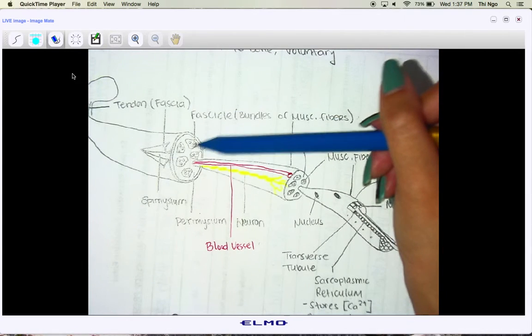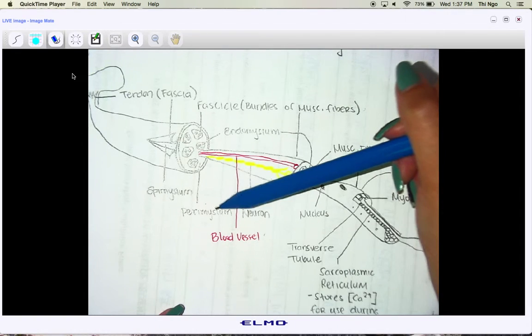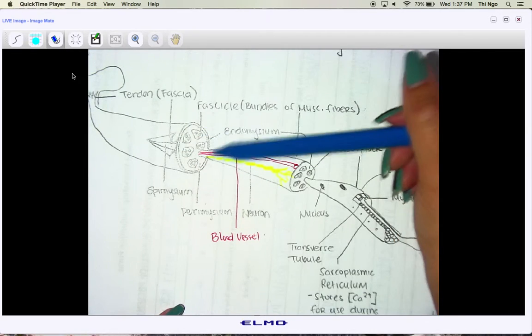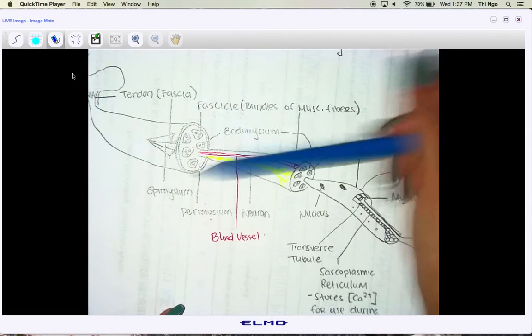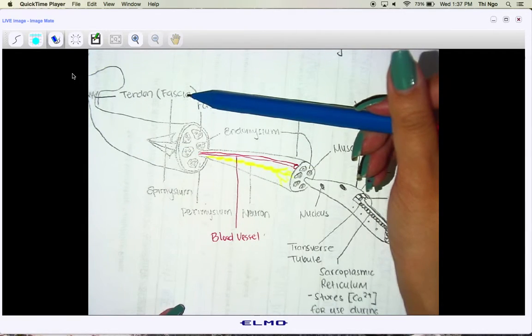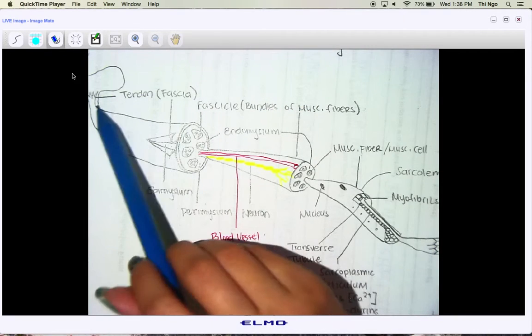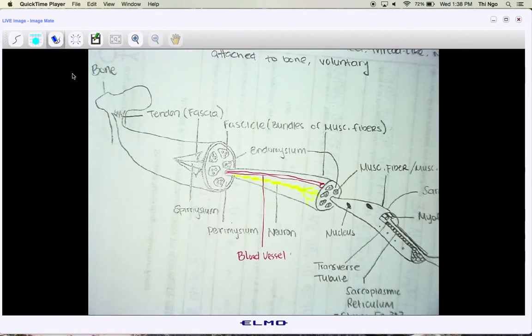Fascicles are wrapped with connective tissue called perimysium, and all the perimysium is wrapped with a layer called epimysium, which is wrapped with fascia, which forms an extra piece called the tendon, which attaches to the bone. Okay, so that's one way to study at home.